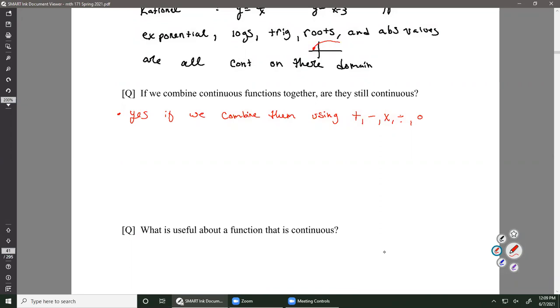This probably seems kind of pointless at this point. It's like, okay, everything's continuous on its domain. How can I combine functions so that they are not continuous on their domain? So if we combine continuous functions together, are they still continuous? And it's a no, in parentheses, sometimes, if we use piecewise.